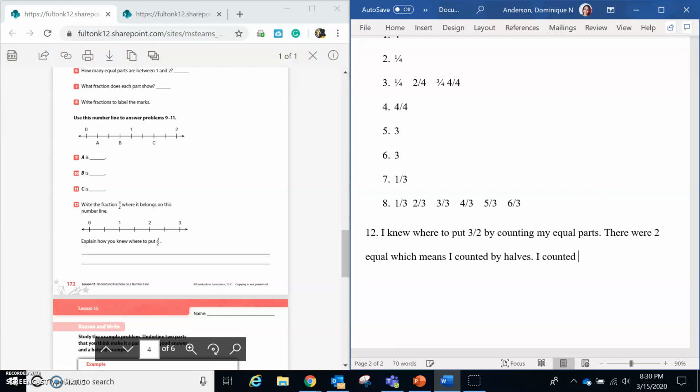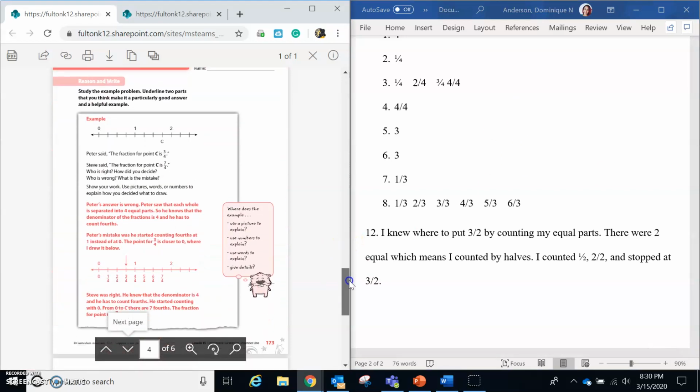I counted 1/2, 2/2, and stopped at 3/2. All done.